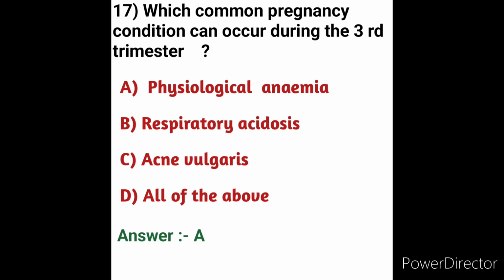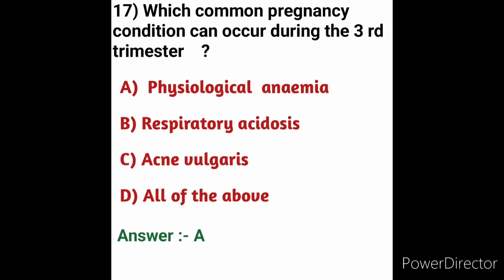If it decreases to less than 9 or 8, we can treat it, for example with blood transfusion. Physiological anemia is the pregnancy condition in the third trimester. Option A is the correct answer.